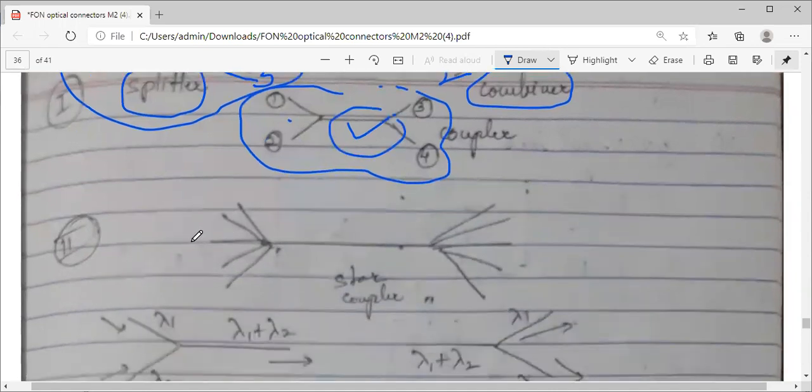Then the second type, star coupler. We can see many optical fibers, and here there is a single line. What does the single line indicate?